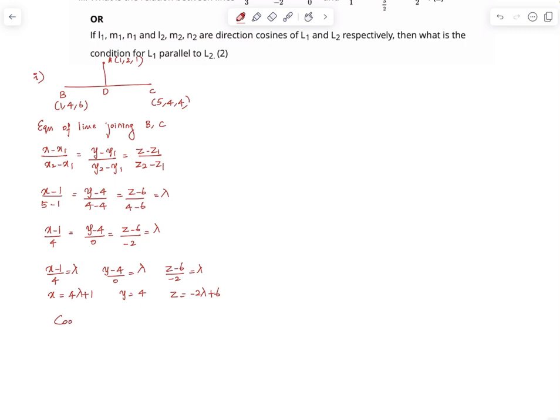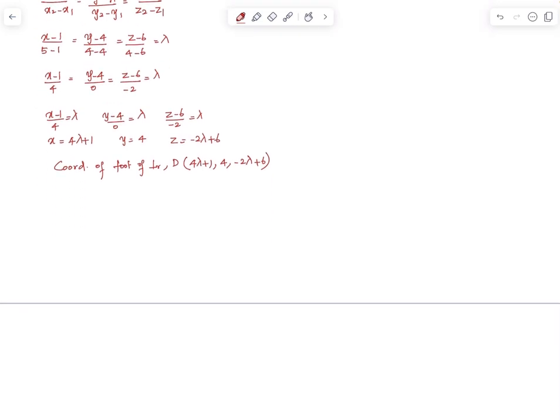So these are the coordinates of the foot of the perpendicular, that is the point D is 4 lambda plus 1 comma 4 comma minus 2 lambda plus 6. Now that we have these coordinates in terms of lambda, we have to get the value for lambda.